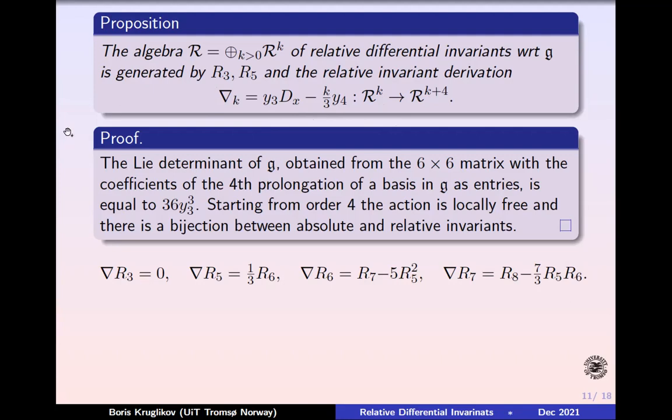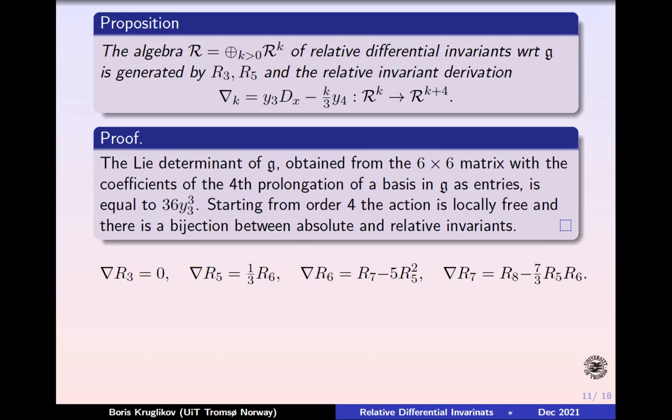Okay, so how do we prove this? We take these Lie algebra vector fields and prolong them to fourth jets. The space of fourth jets has dimension 6, right? It's x, y0, y1 up to y4. There are 6 coordinates, and there are 6 vector fields. So when we prolong them and put the coefficients into a matrix, then we can compute the determinant. And this determinant tells us precisely when the rank drops.